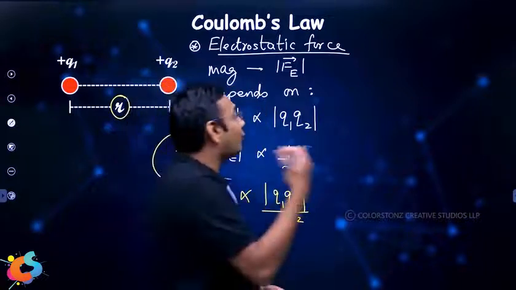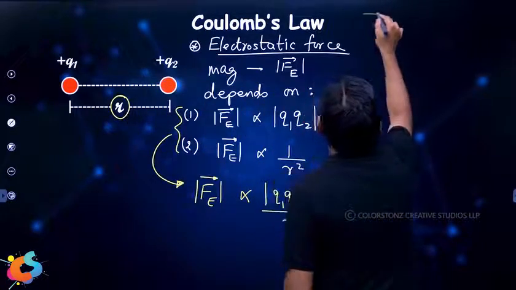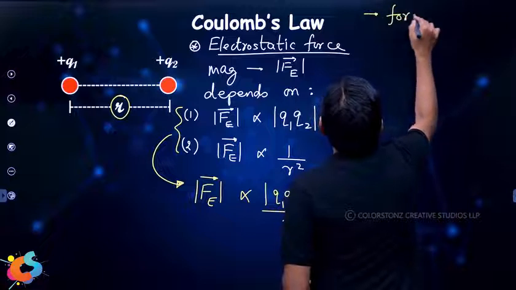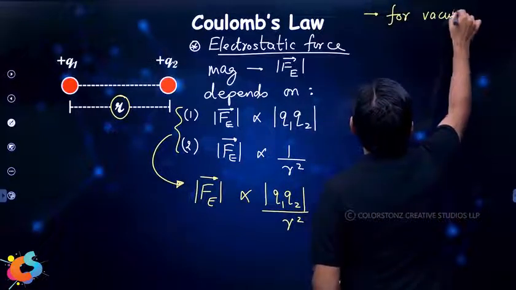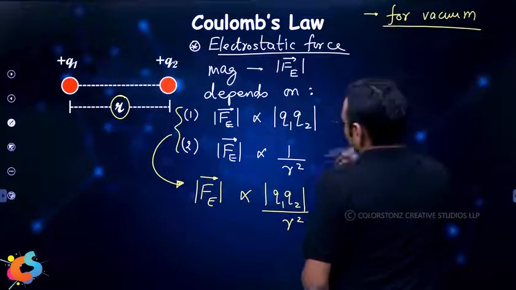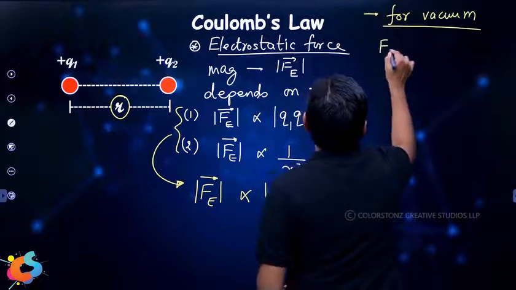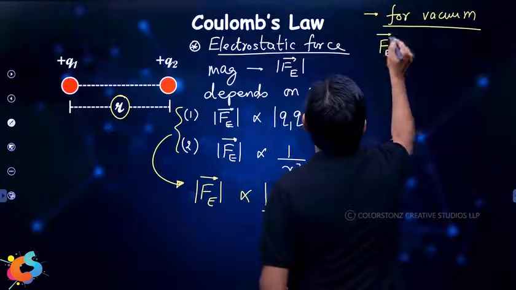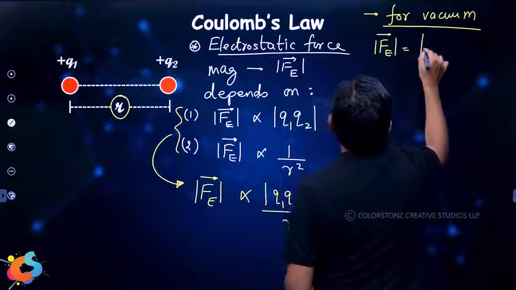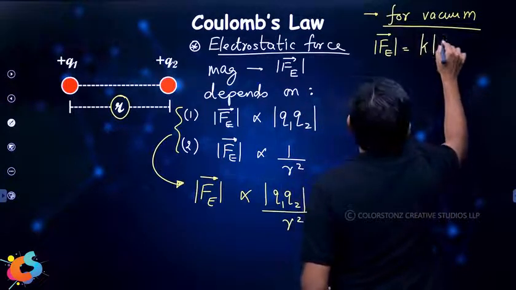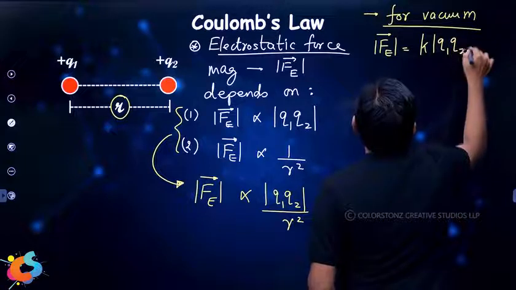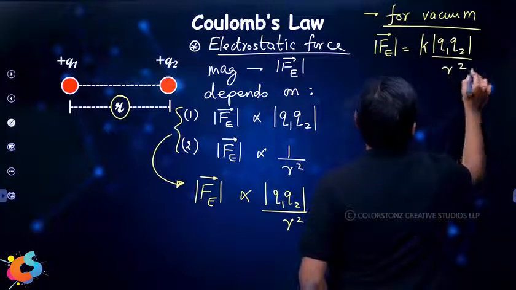So I can say for vacuum, this electrostatic force can be further written as K mod Q1 Q2 by R square.